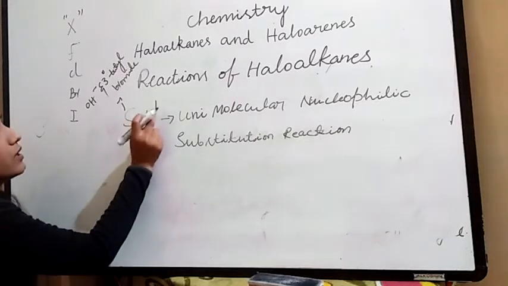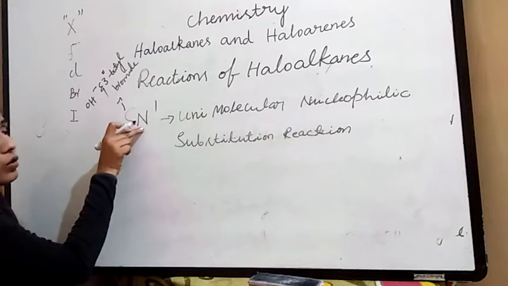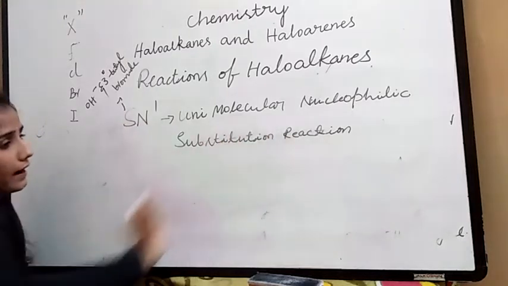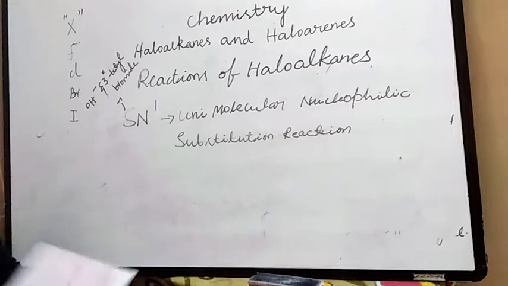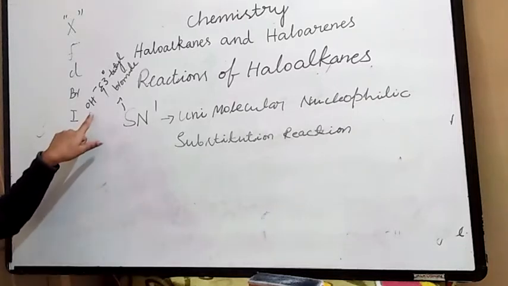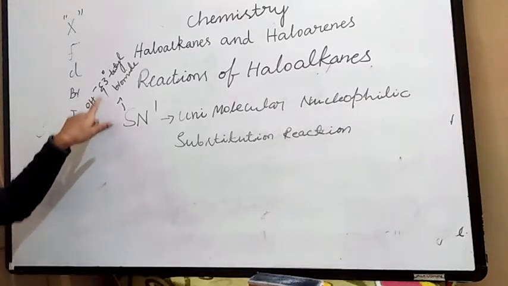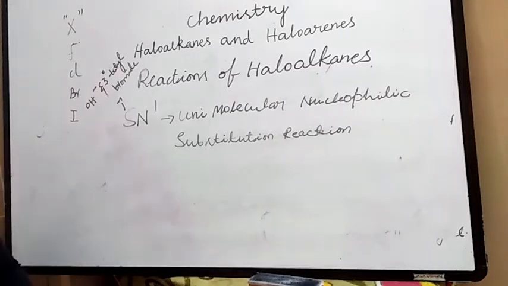It is very easy. By taking an example of OH minus as a nucleophile and tertiary butyl bromide as an alkyl halide.